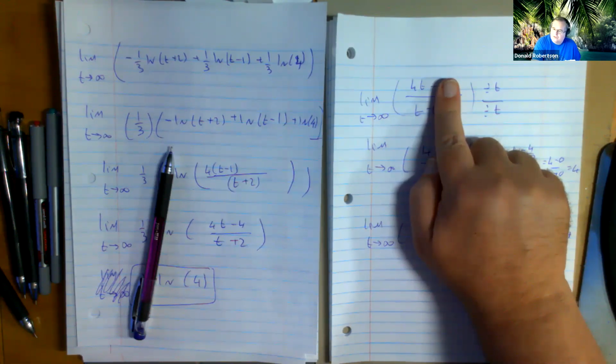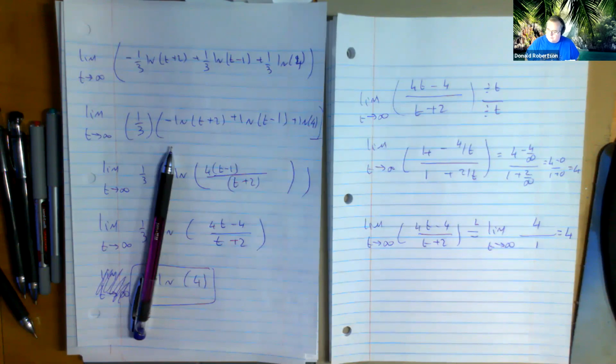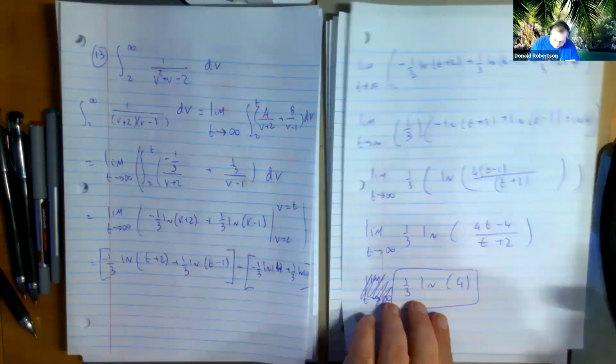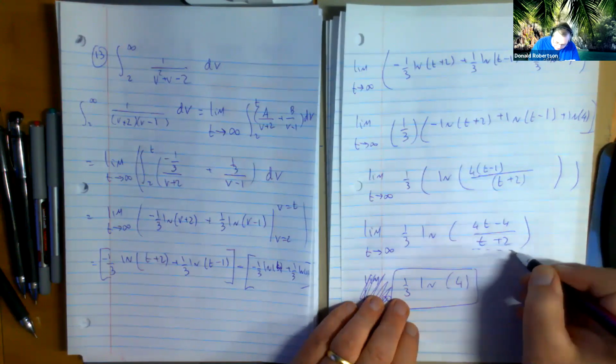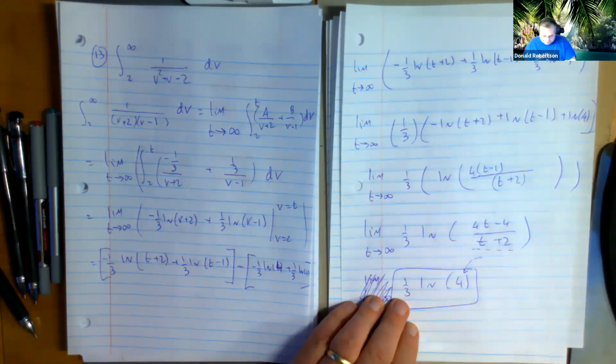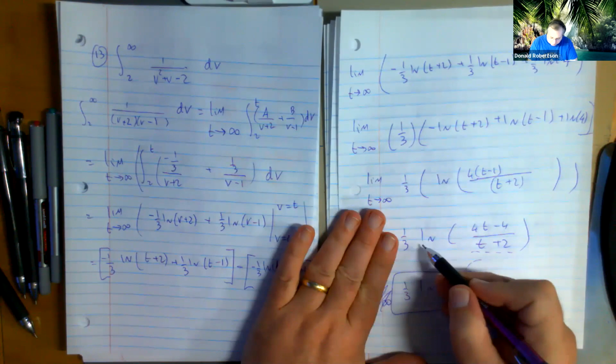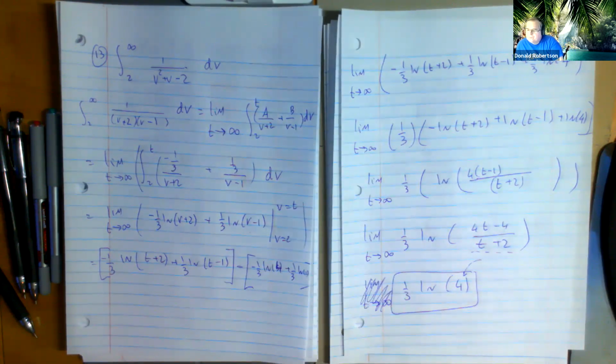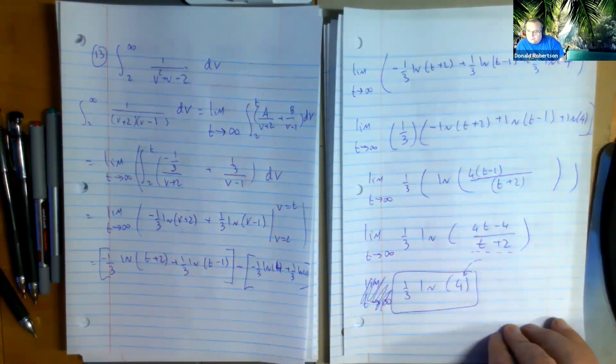And you see 4t over t cancels down to get you 4. So now I know that this piece here is 4. So 1/3 log of this is 1/3 log 4, and we're finished. We cool? Okay.